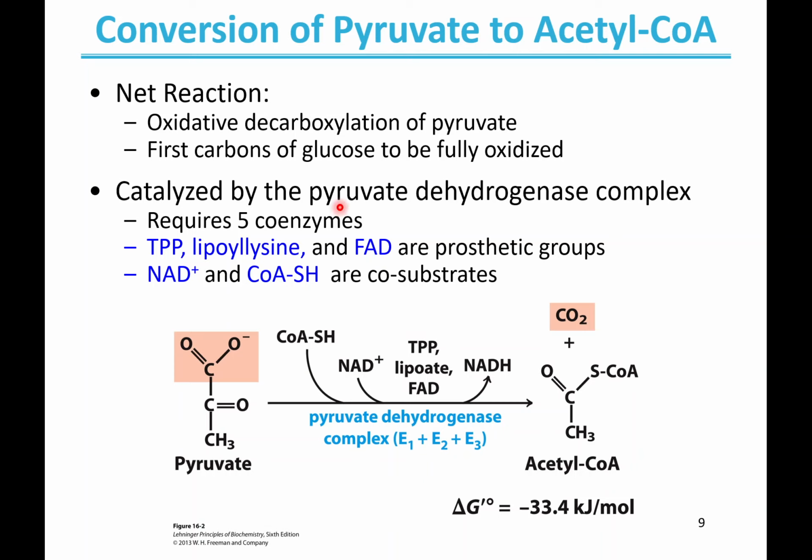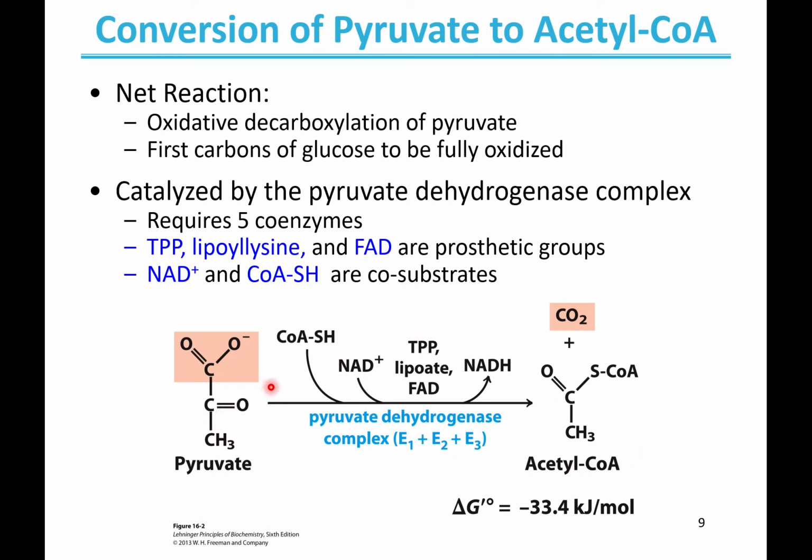The net reaction is an oxidative decarboxylation of pyruvate. What does that mean? It means we're cutting off a CO2 from pyruvate. Here's pyruvate, we're cutting this CO2 off. We're losing that as CO2.